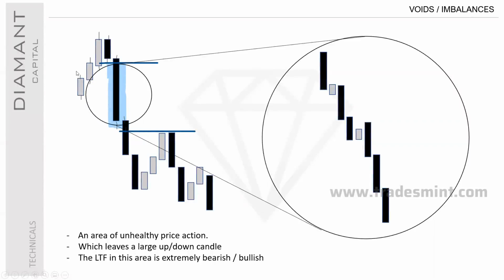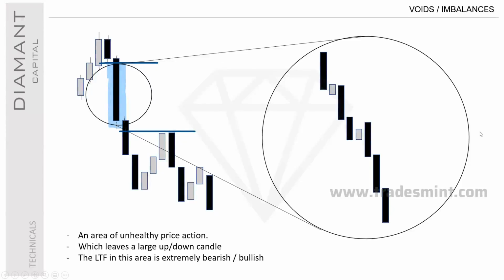So if we think about this in the institutional order flow theory, what you've got is this manipulative up candle that makes traders think, okay, we're going up. Then as soon as that happens, a down candle, and then straight after, so much volume is poured into the market where if this is a 4 hour or a 1 hour, for example, this is extremely bearish.